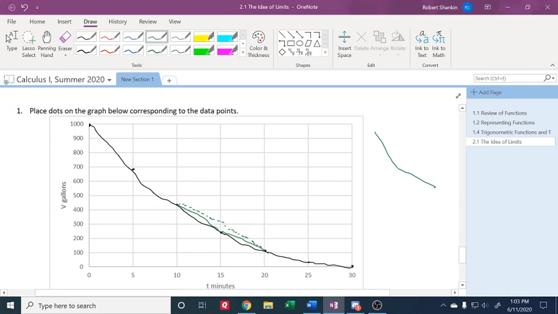Okay, and then part 3 says draw the tangent line at the point 15, 250. Now the tangent line I'm going to put in red. This tangent line just nicks the curve here. Like that, there's the tangent line.